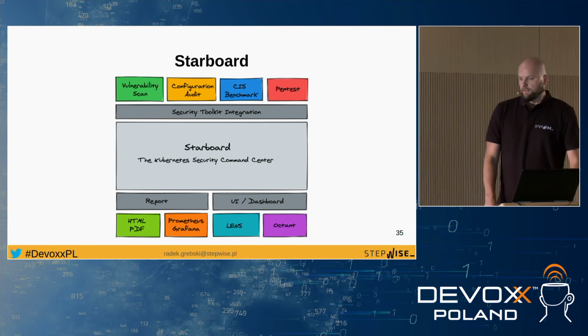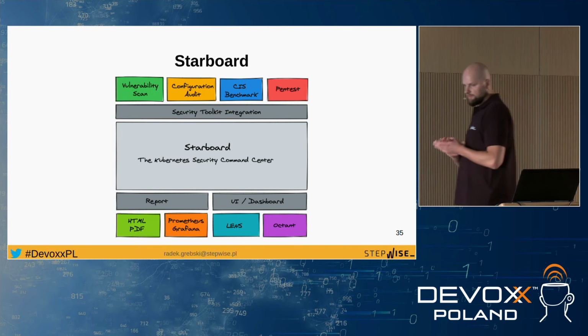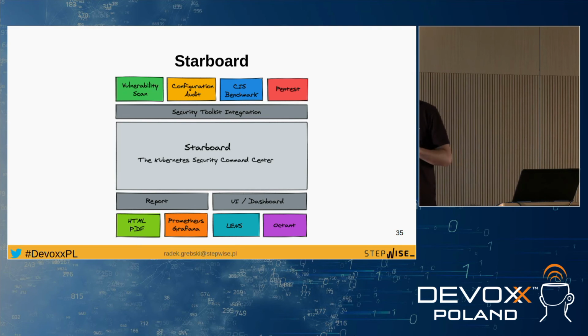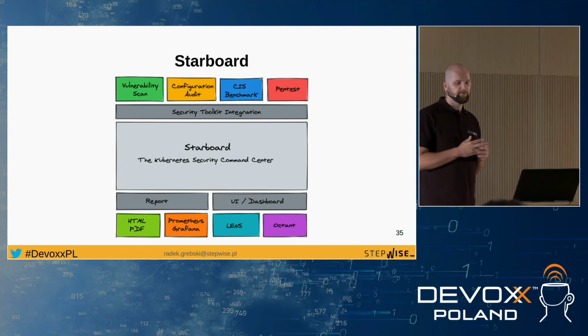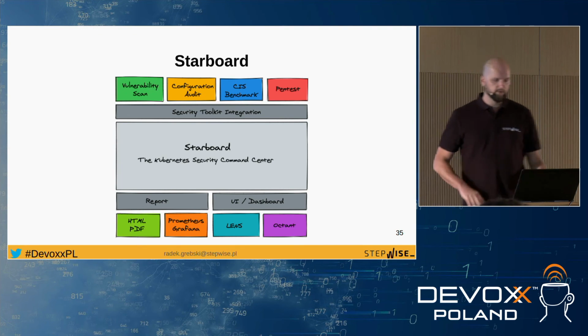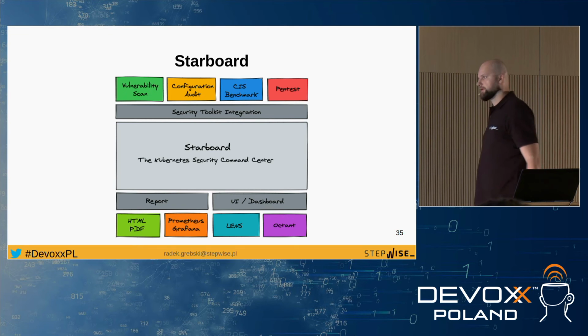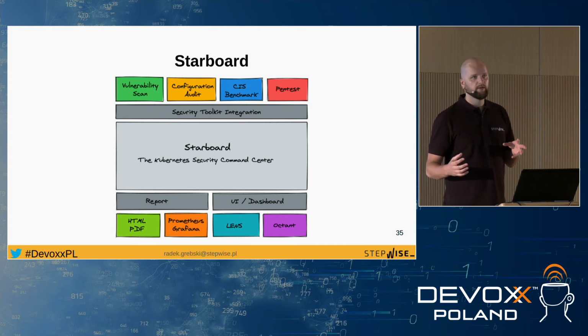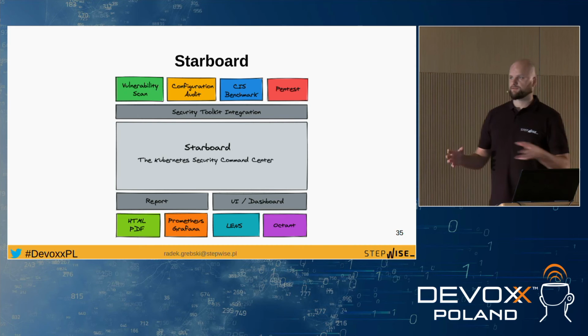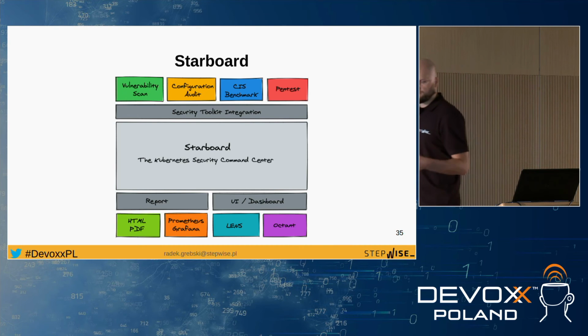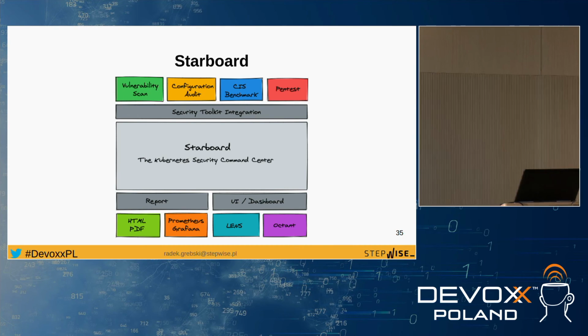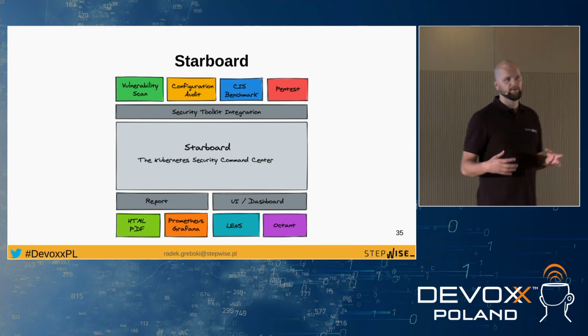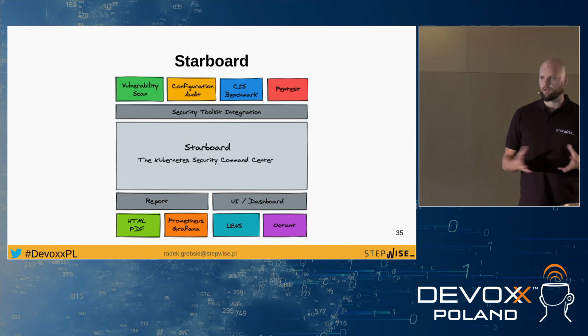Another thing, also from Aqua Security, is Starboard. It's a tool for monitoring deployments. On a previous slide, I told you about Harbor and how to scan images in your container registry. But the images from the container registry may have, or most likely have, already been deployed somewhere.